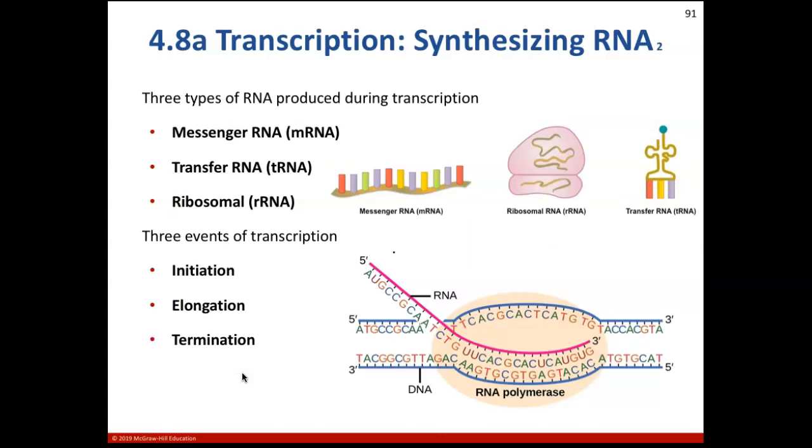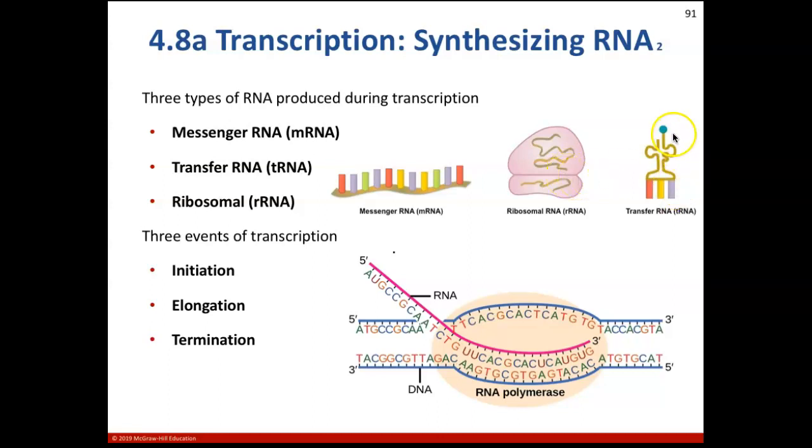And we have 3 types of RNA that we are going to produce during transcription. We've got our messenger RNA that we've talked about. Here's our backbone with the ribose and the phosphate, and then here are the nitrogenous bases A, U, C, and G. And then we've got our rRNA, or ribosomal RNA, which is going to help read the messenger RNA to create the proteins.